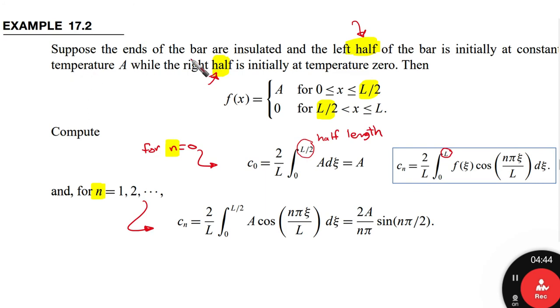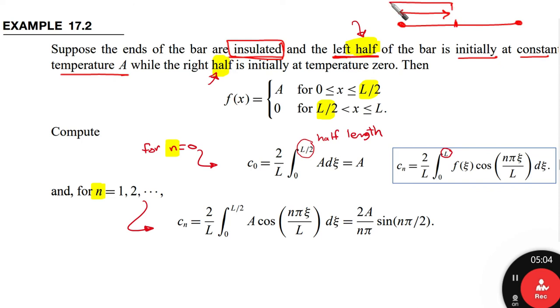Suppose the ends of the bar are insulated, and the bar has two halves. The left half, from here to here, is initially at constant temperature A, while the right half is initially at temperature 0.